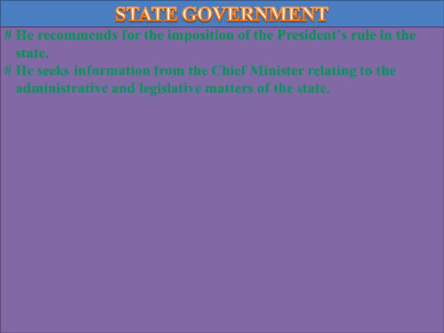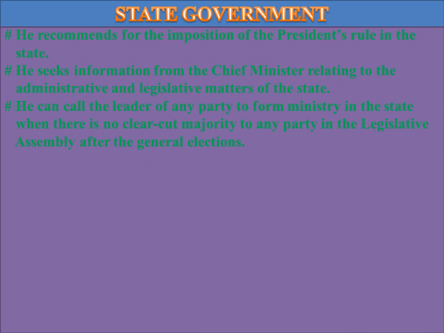The next is he seeks information from the chief minister relating to the administrative and legislative matters of the state. The next is he can call the leader of any party to form a ministry in the state when there is no clear-cut majority for any party in the legislative assembly after the general elections.